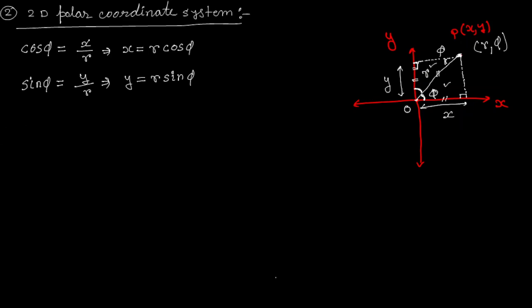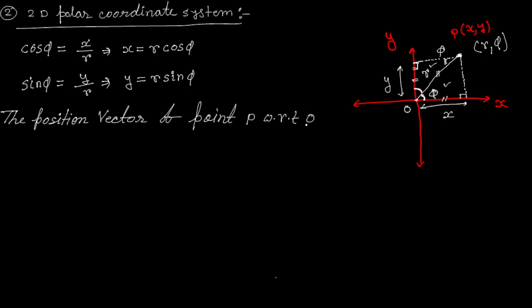So right here, the position vector of point P with respect to the origin O, r_P vector, is equal to x i cap plus y j cap, if we write it in terms of x and y.